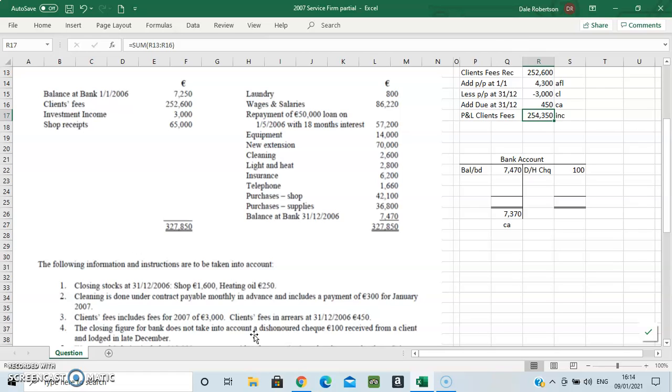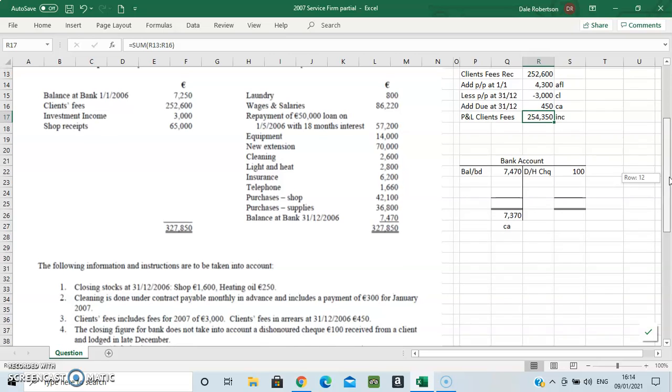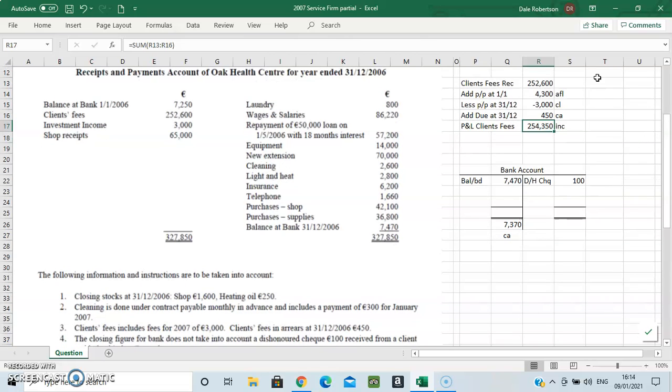So a client has paid us €100, or we thought he paid us, when actually that check has bounced. There was no money in his account. That's a dishonored check.